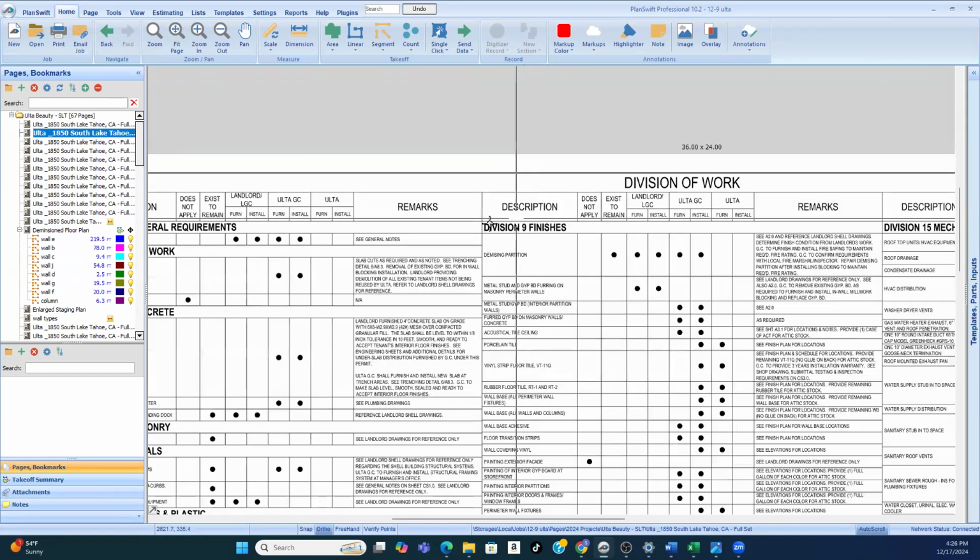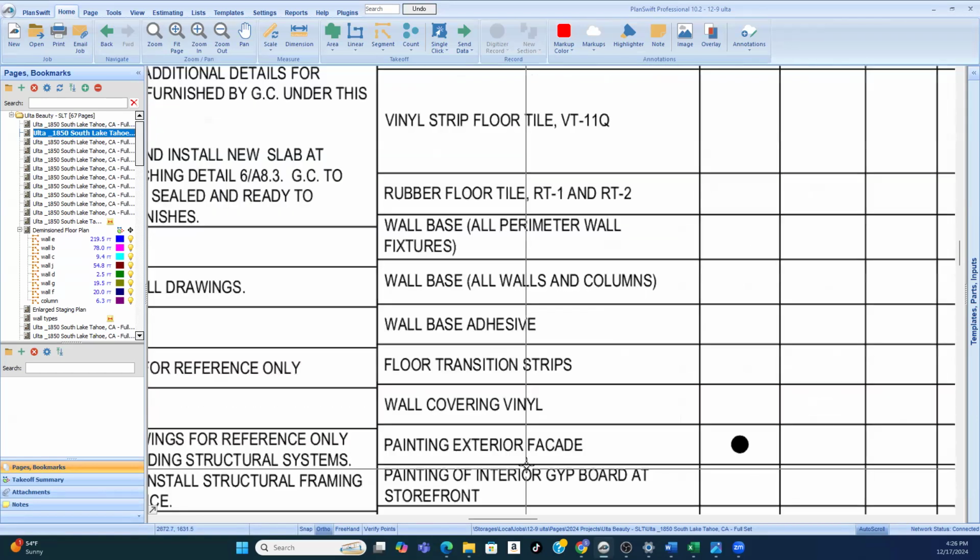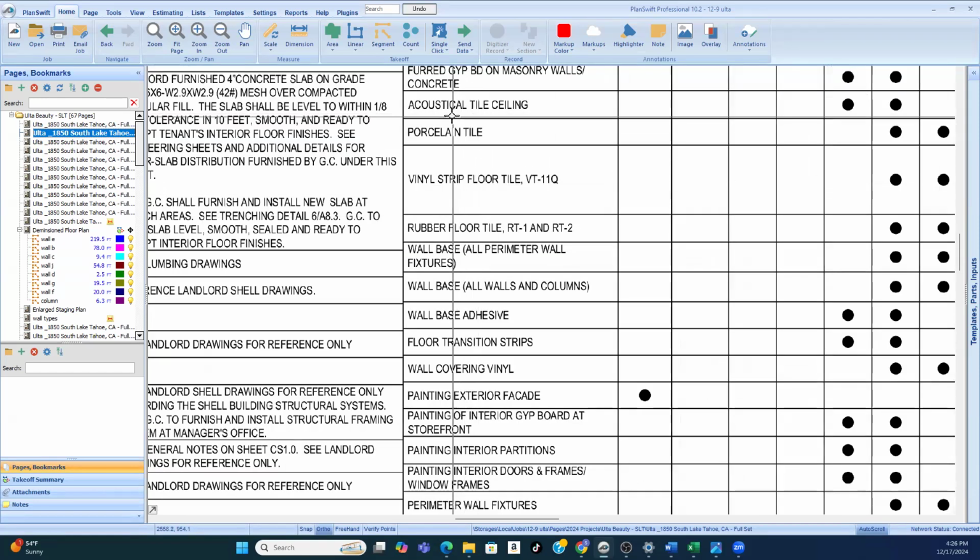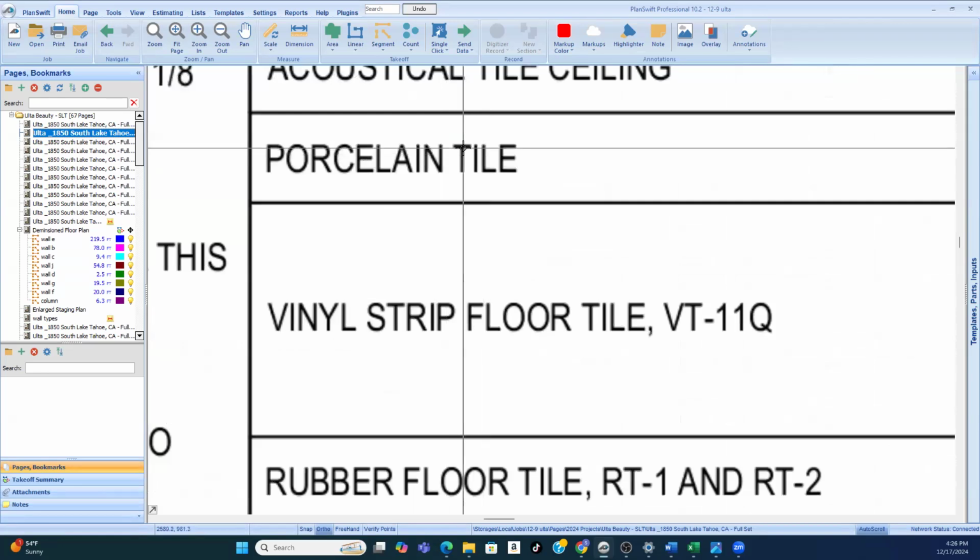And so you've got to be able to know, when you are reading the specifications, for instance, acoustical ceiling tile or porcelain tile, everything about that material will be in the specifications. Everything, where you've got to order it from, the grout, thickness, everything.